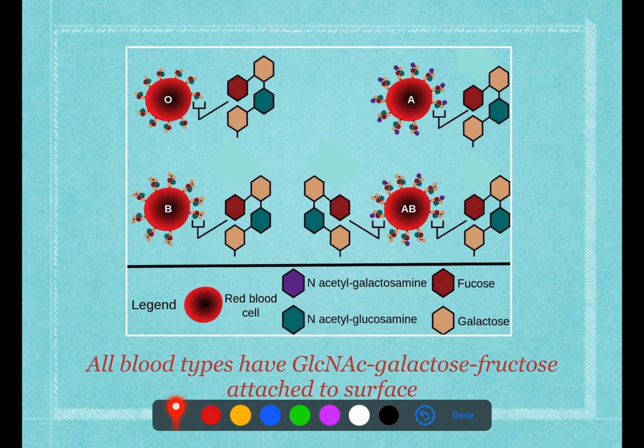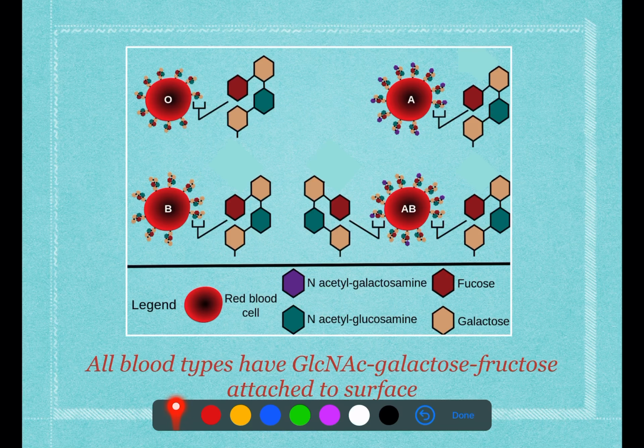And all of our blood types, no matter what type it is, they all have the same general pattern of carbohydrates or monosaccharides that are attached to the surface of the red blood cell. It's represented with this red ring here.